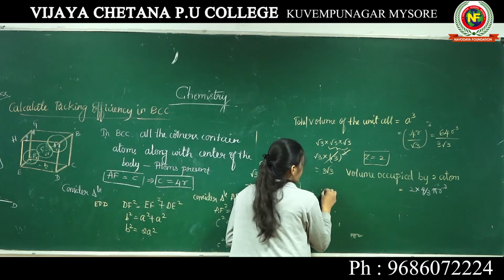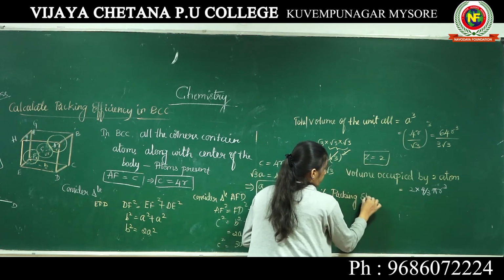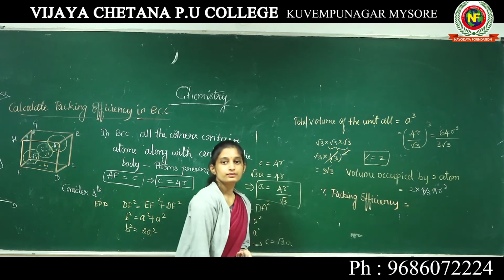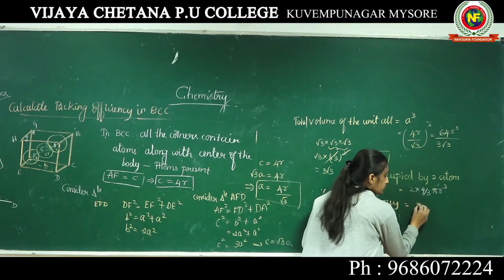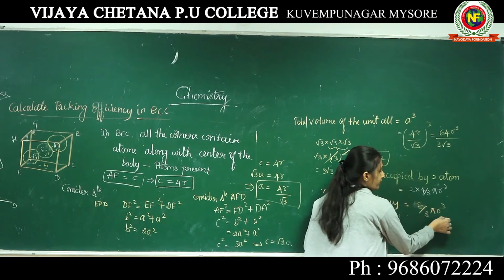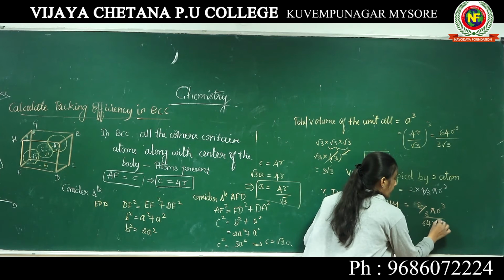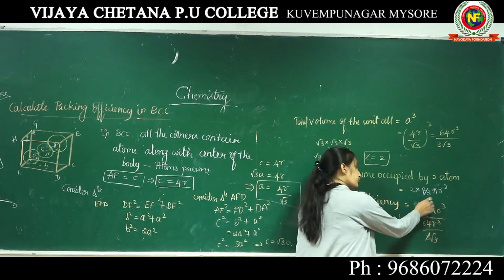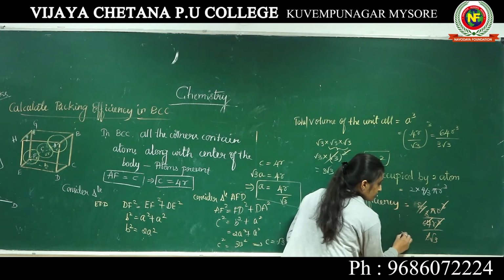Next, you know percentage packing efficiency. Percentage packing efficiency is equal to volume occupied by 2 atoms, how much? 4 twos are 8. 8 by 3 pi r cube divided by 64 r cube by 3 root 3. 3 and 3 get cancelled. 8 ones are 8, 8 eights are 64, so r cube cancels. Total how much?